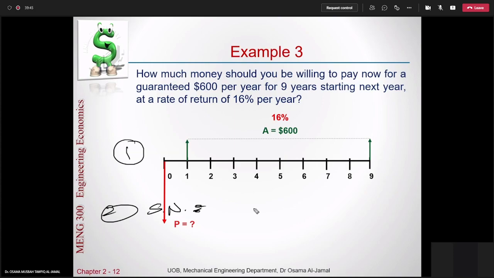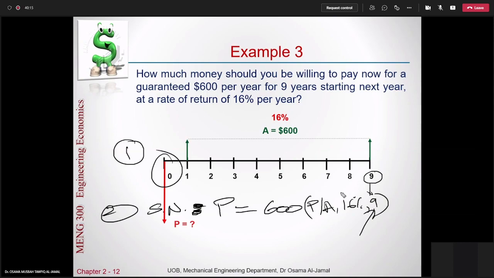P given A. You want to find the P. That P equals 600 (P given A, 16%, 9 periods). That 9 I won't leave directly as is, because it depends where we are starting. If we started from 1, it means one to the left, i.e. this 9 minus 0. This 0 is where P is, at the last cash flow of that annuity.